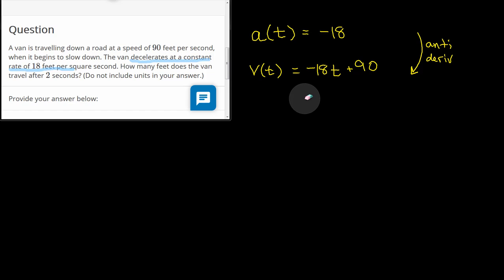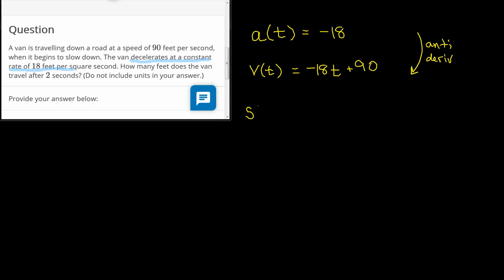When you have a tough problem, don't worry about what you should be doing. Just worry about what you can do. So I'm doing these things because I can. I know what the acceleration is, and once I have the acceleration, I can figure out the velocity. And now that I have the velocity, I bet I could figure out the position.